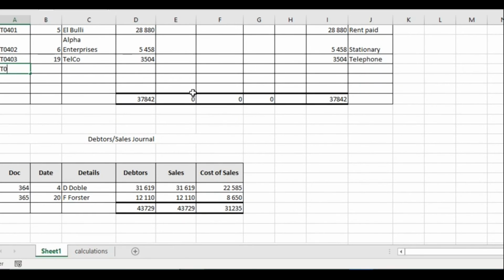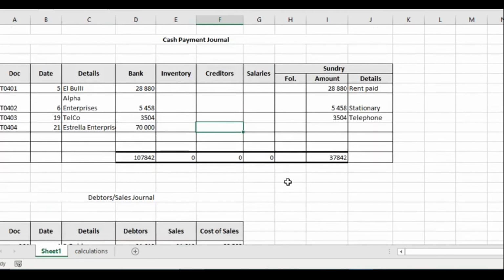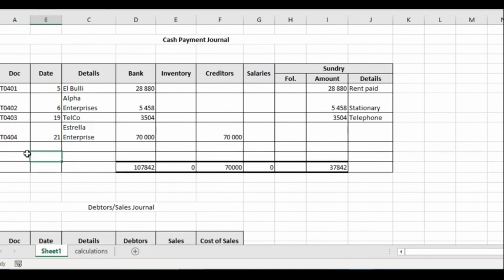Our doc number is T0404, day number 21, and it's Estrella Enterprise at 70,000. Just want to show you guys the headings. 70,000. There we go.